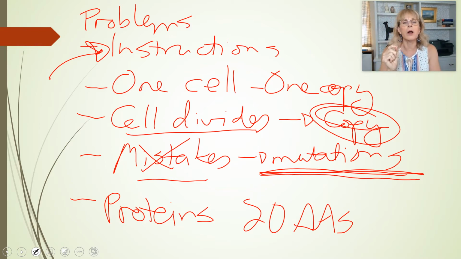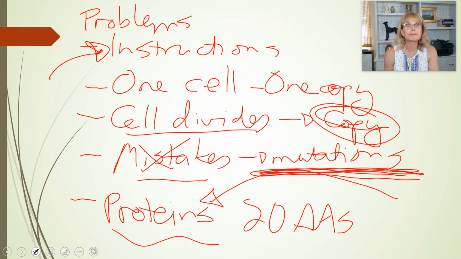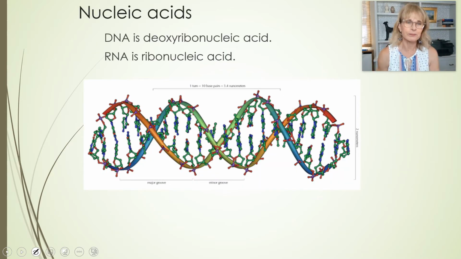And this system also makes it so that even if a mistake leaks through, and even if there is a mutation in the DNA, it is possible that the protein will be properly made. Okay, that's the problem.